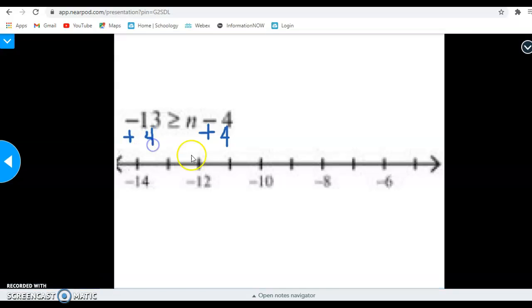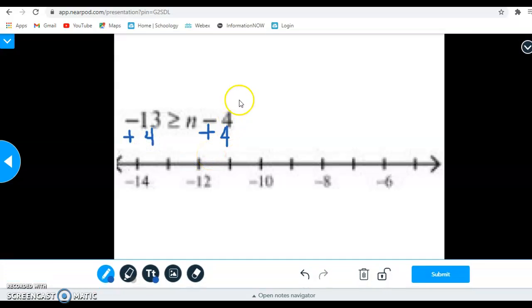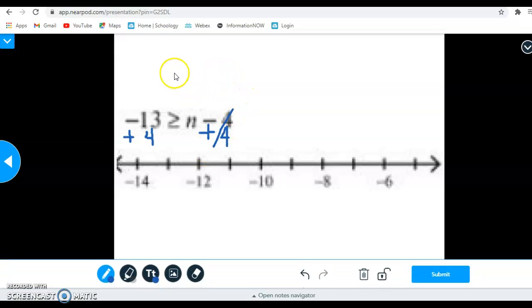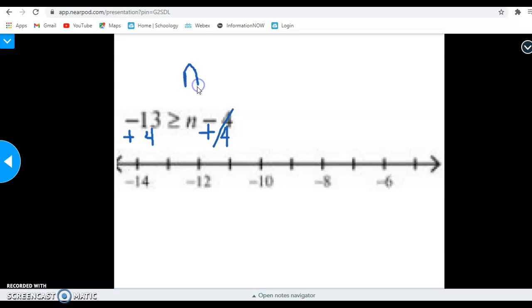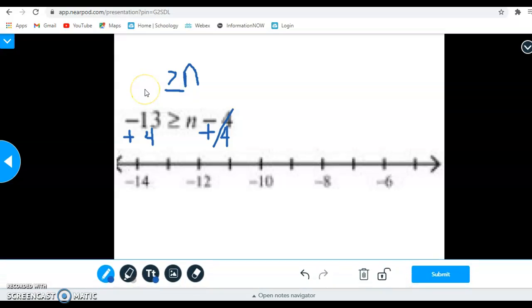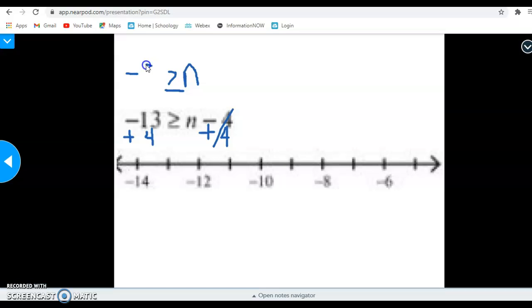Because I know you said it. So we're going to add 4 to both sides. And when we add 4 to this side, we know that these cancel. And all we're left with on this side of the inequality is n. And remember, we keep our sign because we're not multiplying or dividing. And a -13 plus 4 gives us a -9.